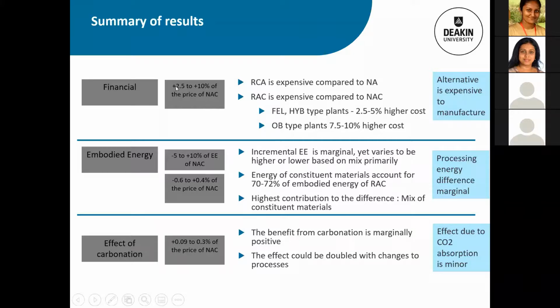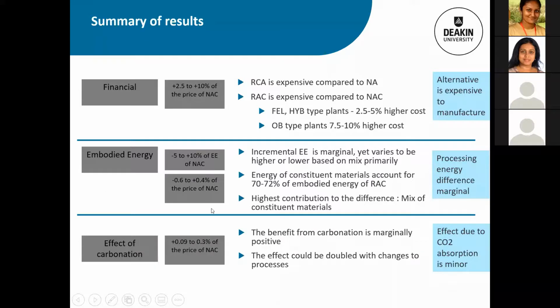So the cost was approximately 2.5 to 10% higher. This was calculated based on Monte Carlo simulation. It's a probabilistic estimation. The price of recycled aggregate concrete, if it was manufactured, was 2.5 to 10% higher.